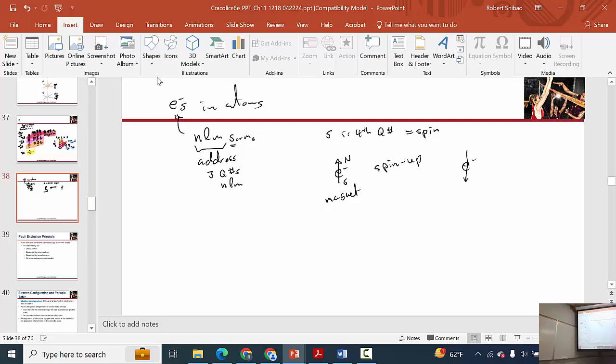Or if it's flipped upside down like this, north pole's down, the south pole's up, we call this spin down. There are only 2 possible spin orientations. One is spin up, the other is spin down. We can't just spin to the side. That doesn't exist. And so there are only 2 possible orientations.